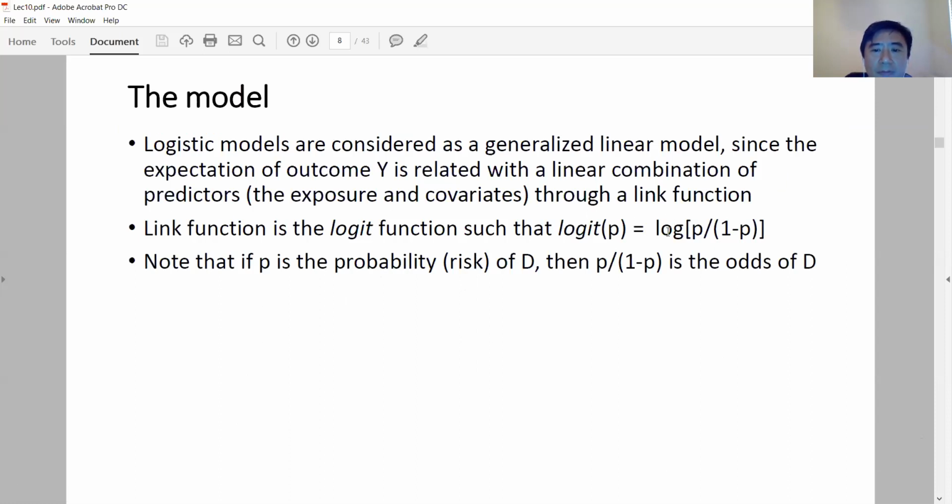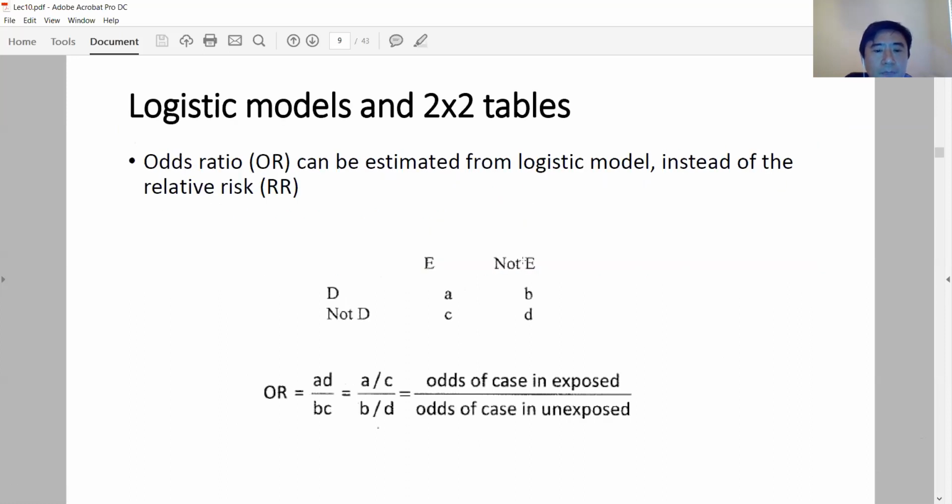All right, so that's the logit function. So the logit function is the same as the log of the odds. And the next thing I want you to know is how the estimated odds ratio from a logistic model is related to the 2x2 table. Usually if you have a very simple design, you only have one exposure and disease status, and you can easily summarize your data in this 2x2 table.